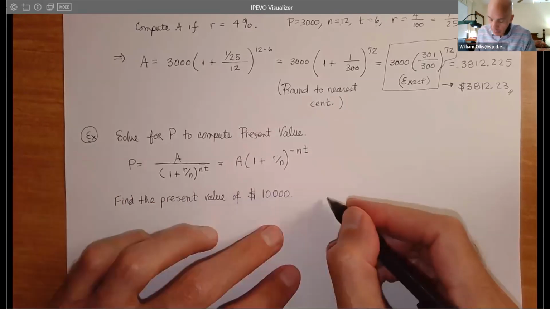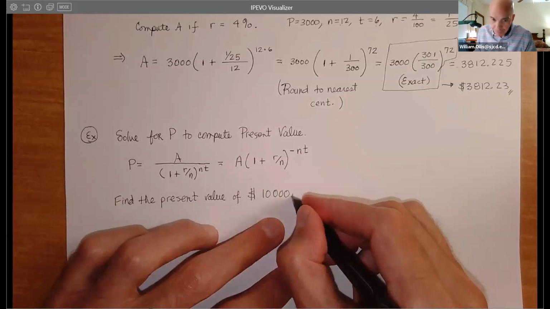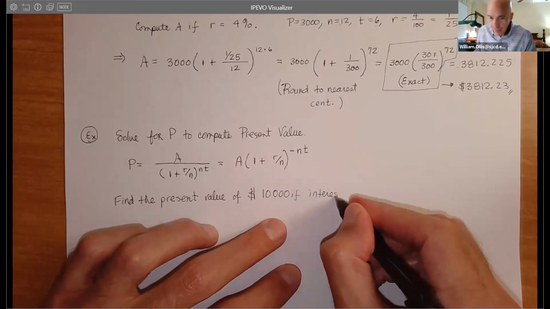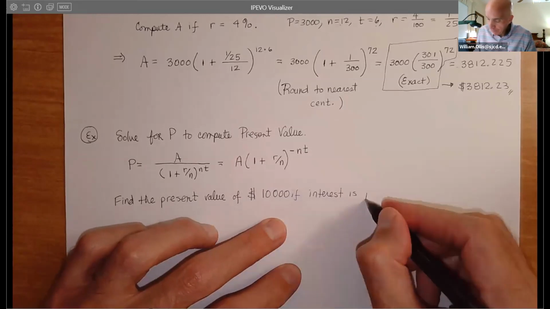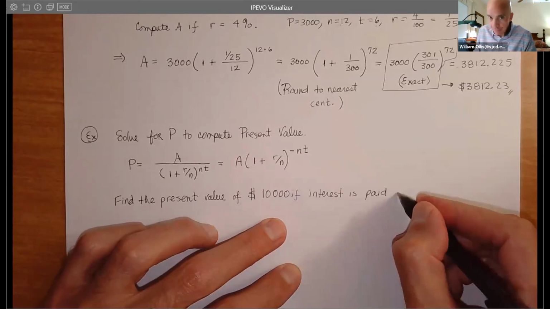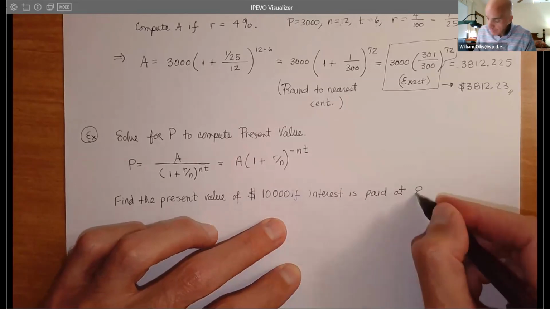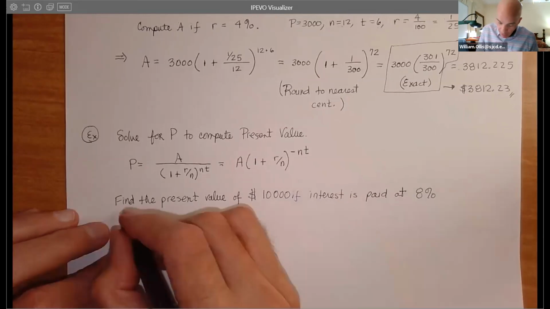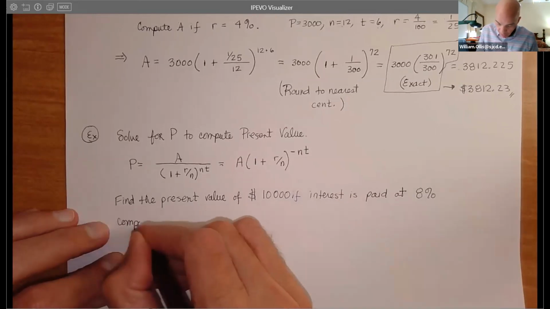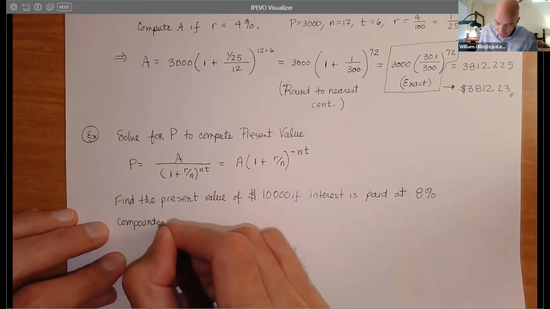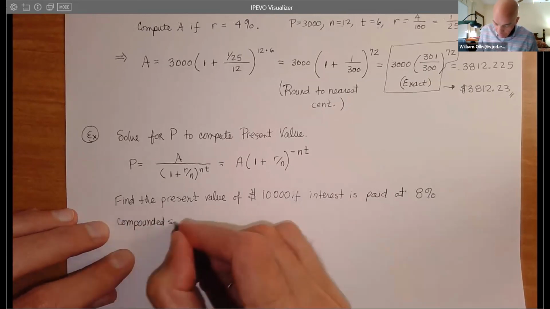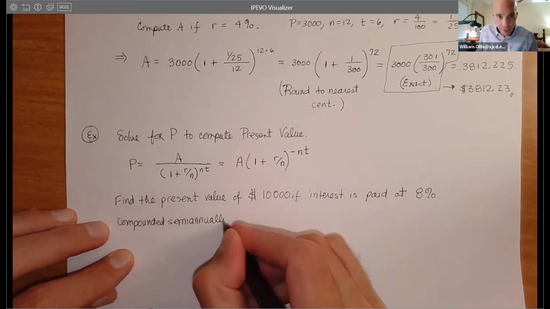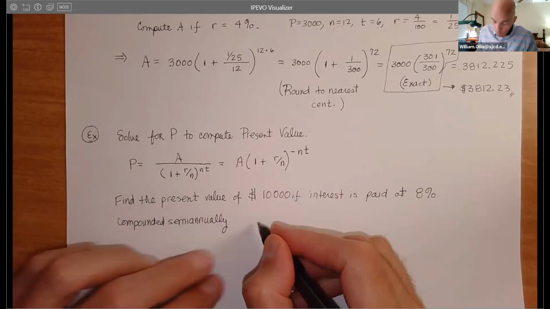And what we're given is if interest is paid at 8% compounded semi-annually. That's twice. Compounded semi-annually for 2 years.